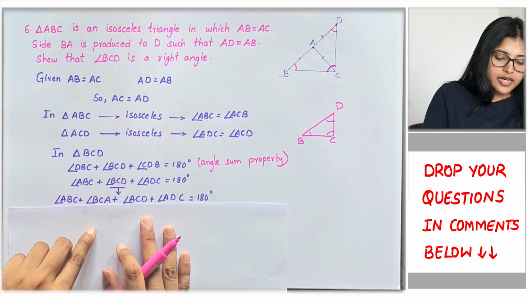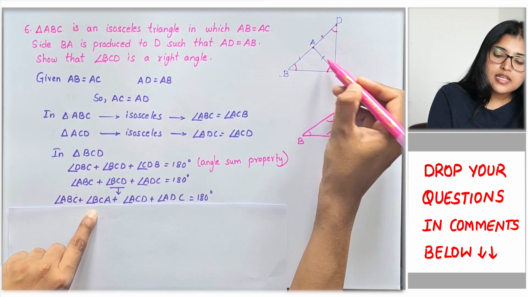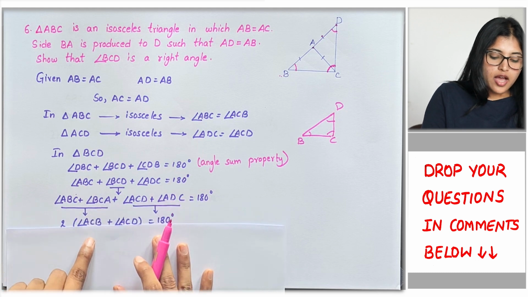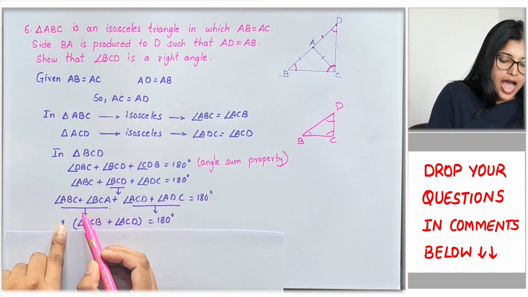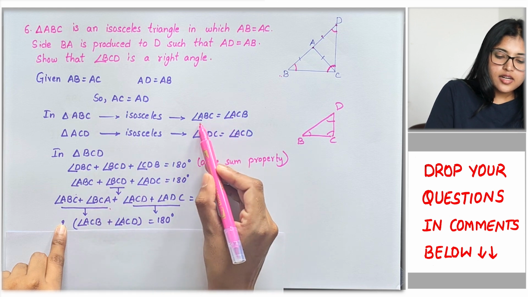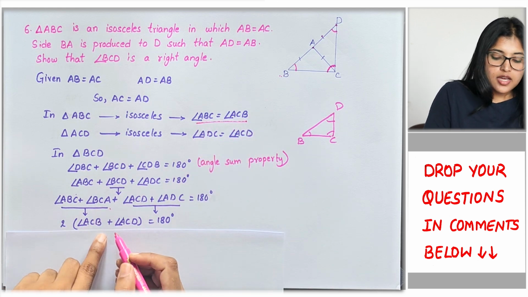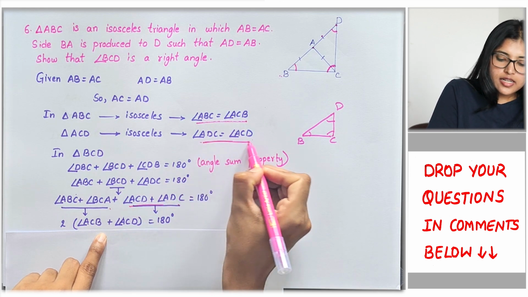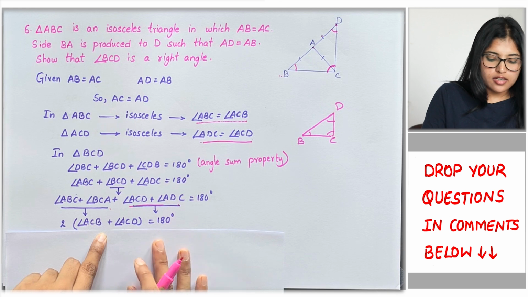Now I have split this angle BCD into angle BCA plus angle ACD and I have written it again. Now upon combining, angle ABC is equal to angle ACB, so I am writing 2 into angle ACB. Here ACD equals ADC, so I am writing 2 into angle ACD, which is equal to 180 degrees.